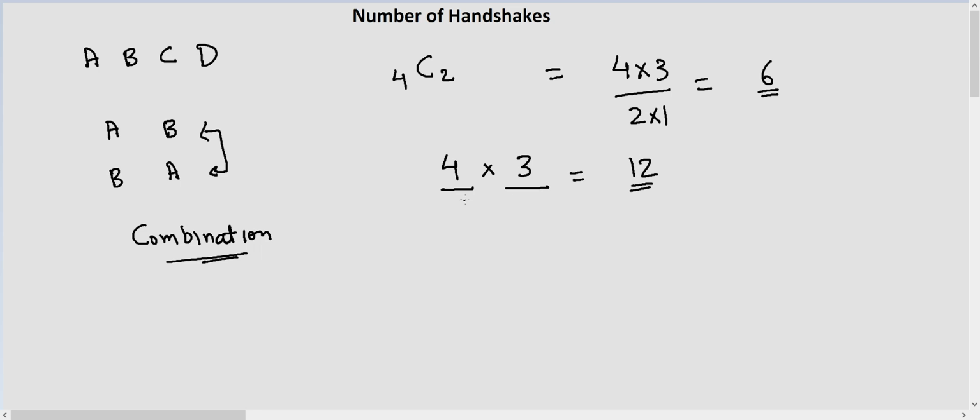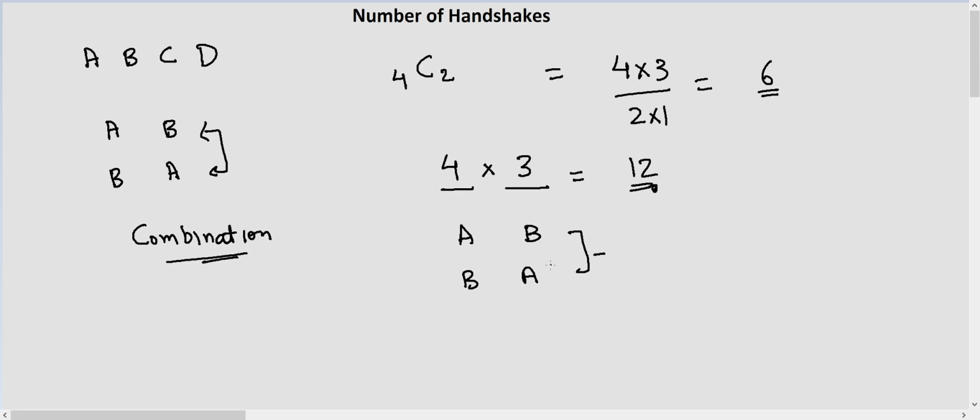However, in these permutations we have a case where A and B are sitting on these 2 seats, or B and A are sitting on these 2 seats. But as we talked about before, these two are the same scenario.